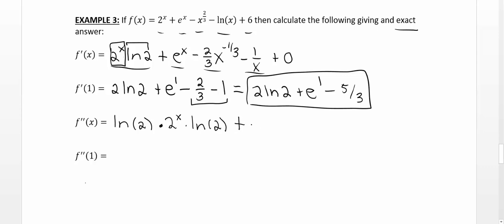Plus, now the derivative of e to the x is e to the x. Now here, the next term, we have a negative 1/3 power. That's going to come down and multiply the minus 2/3. So that's going to make it a plus, and it's going to be plus 2/9 x. Now we subtract 1 from the power, so x to the negative 4/3. And then finally, we have to deal with this term here, this minus 1 over x.